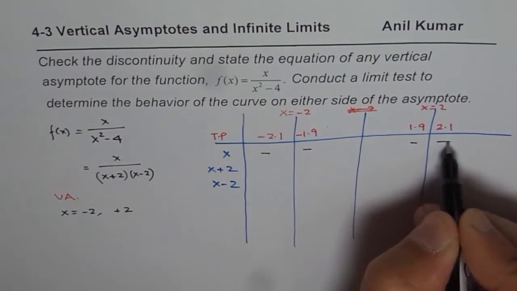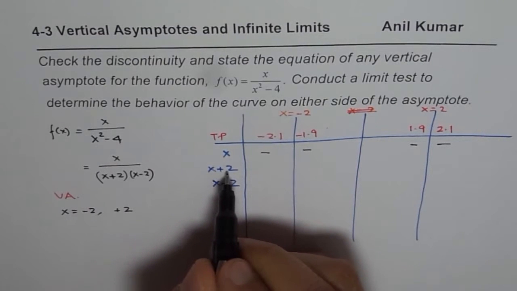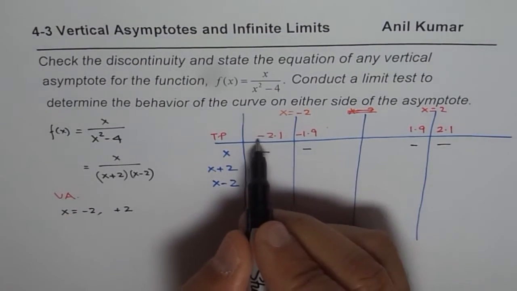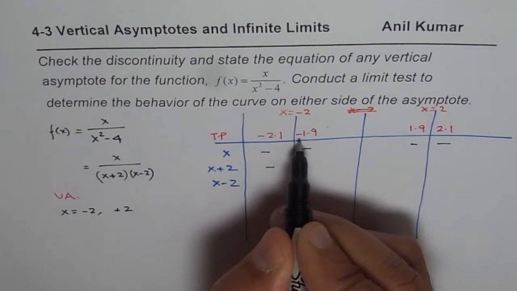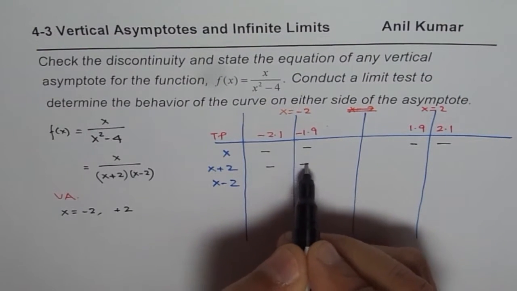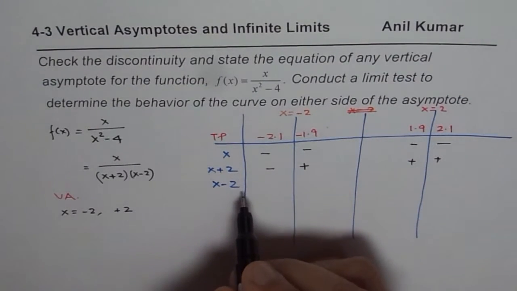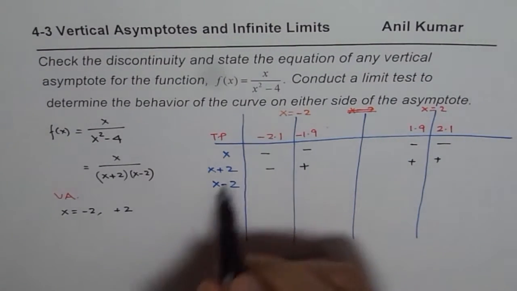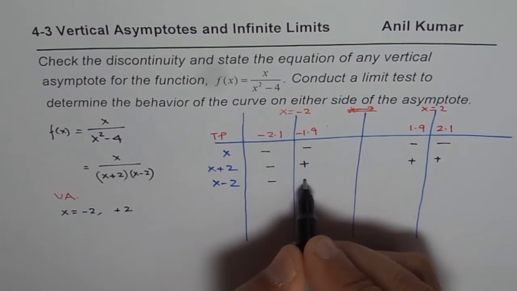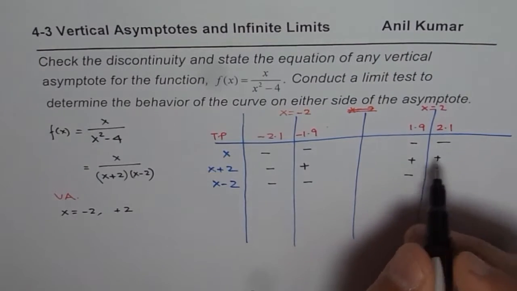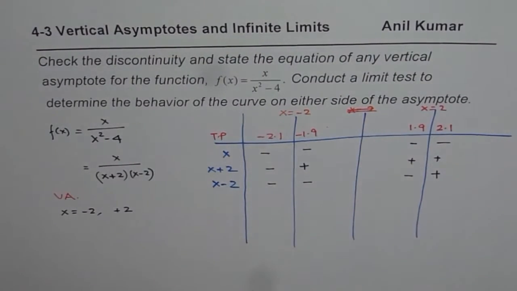For positive values of x we get a positive value. In case the factor is x plus 2, then negative 2.1 will give me a negative result, but negative 1.9 will give me a positive result, and these will be positive. And for the factor x minus 2, here we'll get negative. This one will also be negative, but 2.1 minus 2 will give us a positive value, correct?